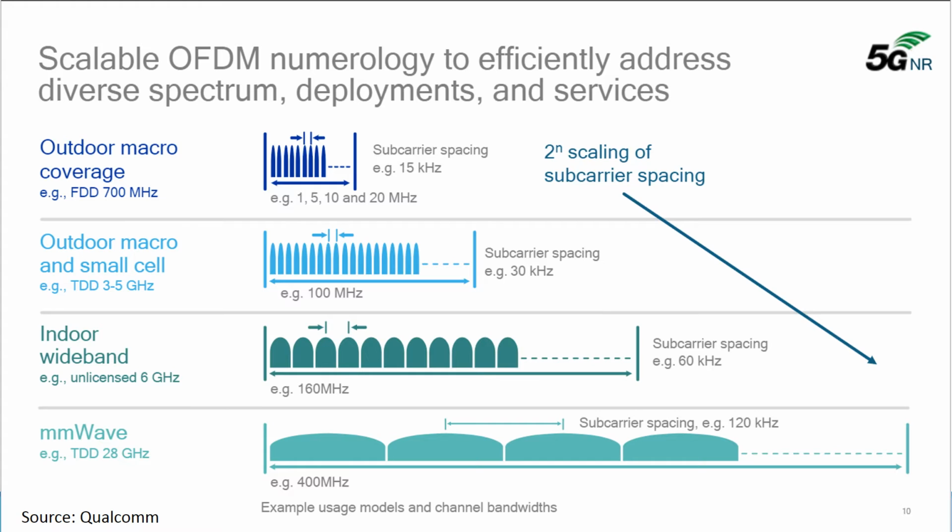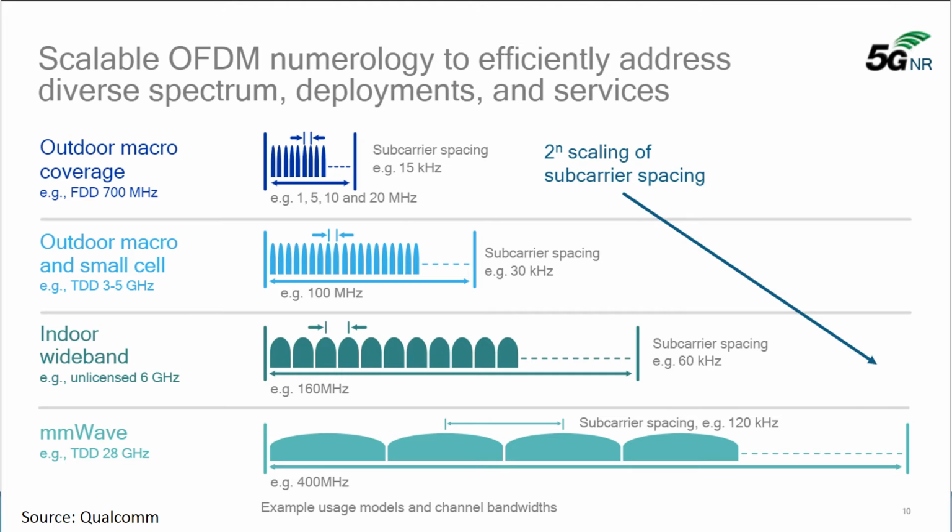If you go to the outdoor macro and small cell, the example is for TDD from 3 to 5 gigahertz. So it's a smaller cell, right? It may not be small cell, it may be a macro, but it's a smaller cell compared to the one before. So here the subcarrier spacing is much larger. Okay, if you go to indoor, you can even have a much bigger subcarrier spacing of 60 kilohertz.